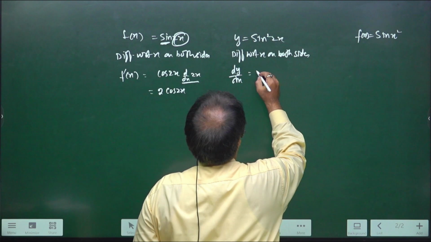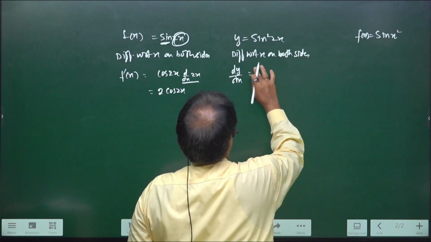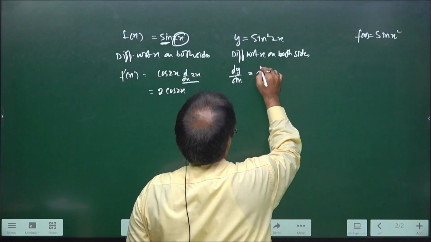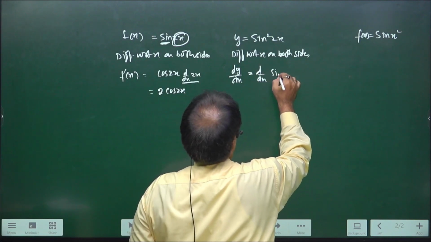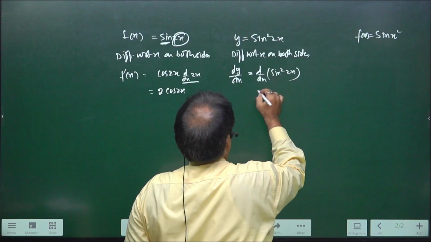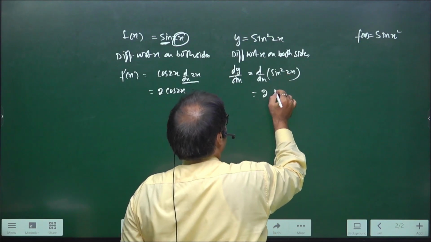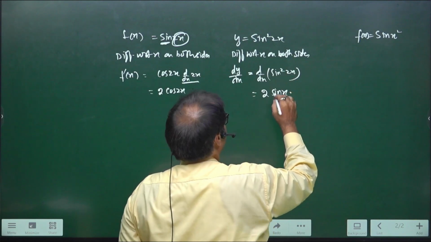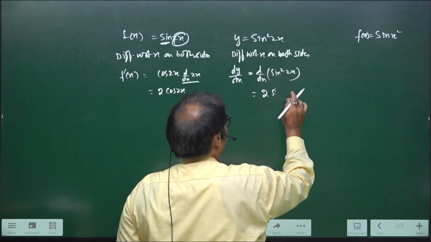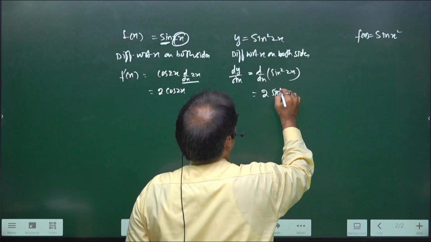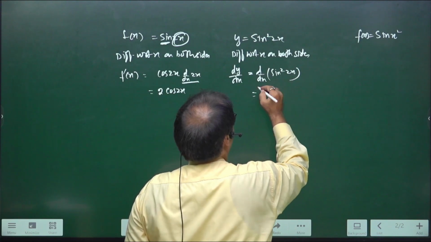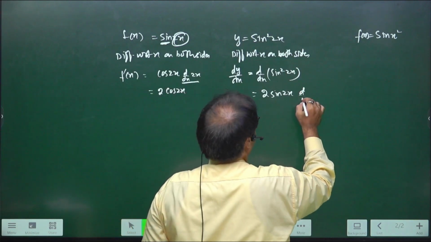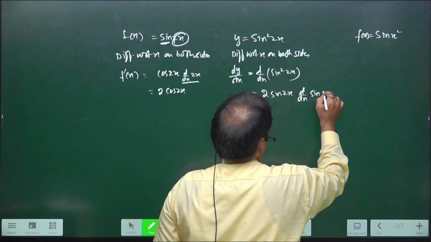So dy by dx is d by dx of sin squared 2x, and the derivative of the square gives 2 sin 2x.